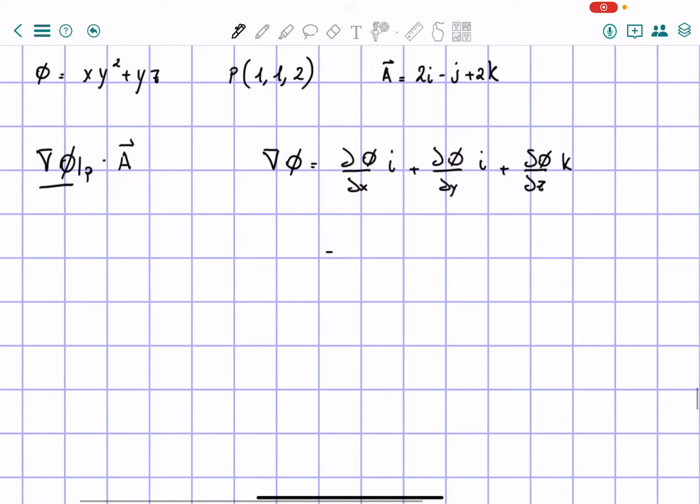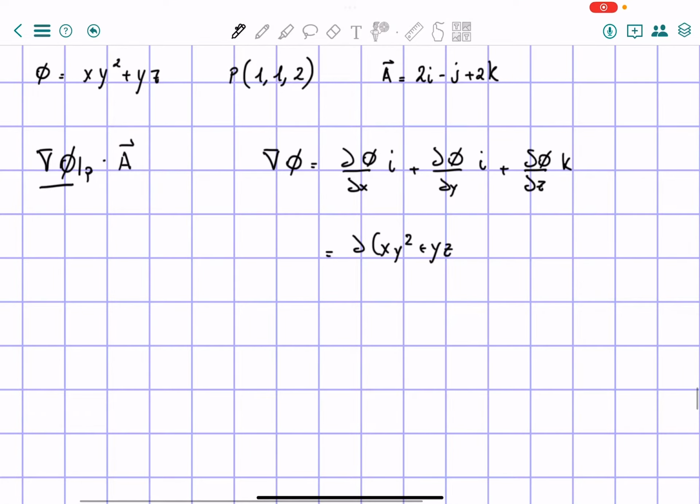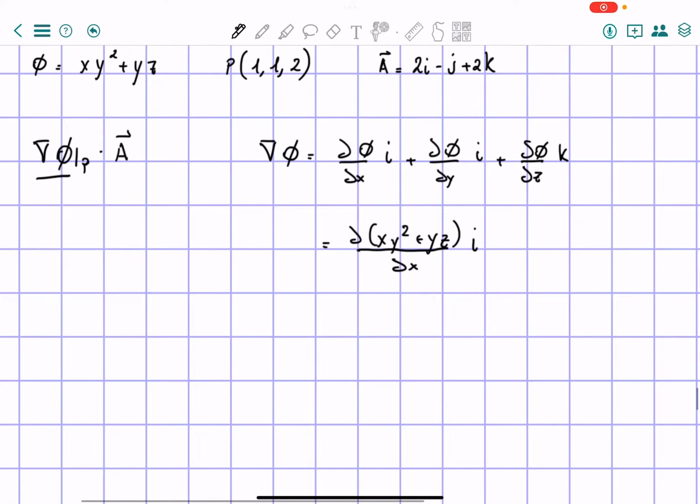So that means that we have the derivative of xy squared plus yz over dx in our case, and then the first I. I'm just gonna write for the first one, not gonna write every single time.